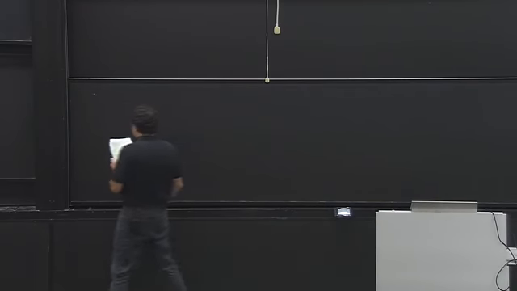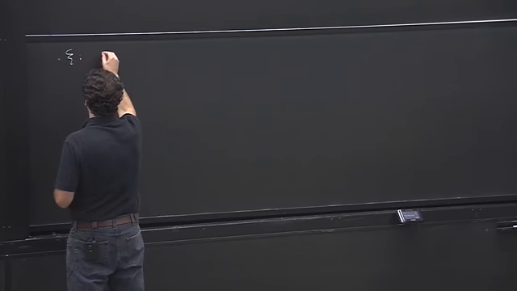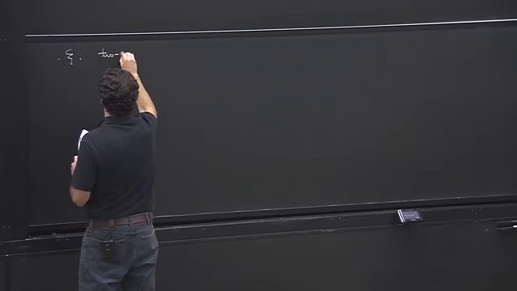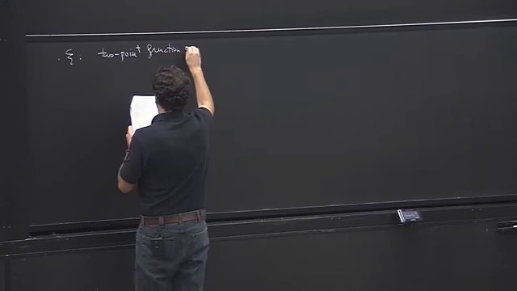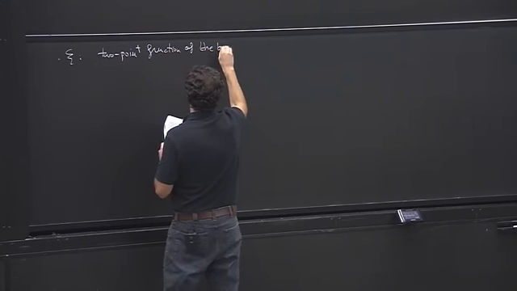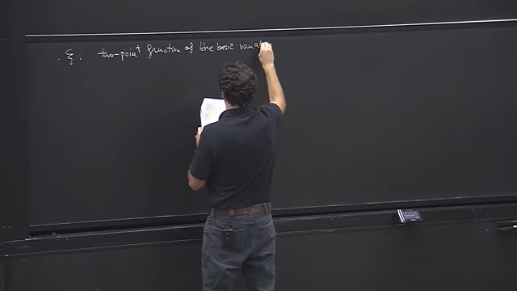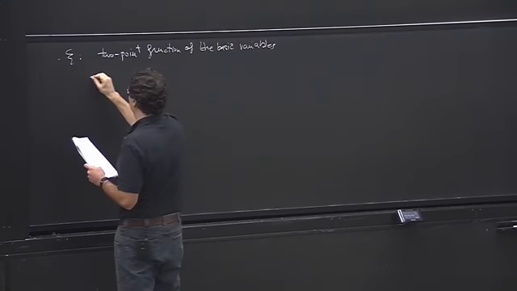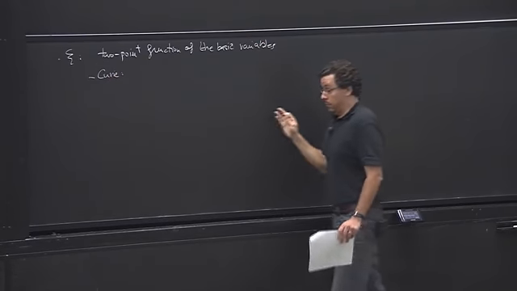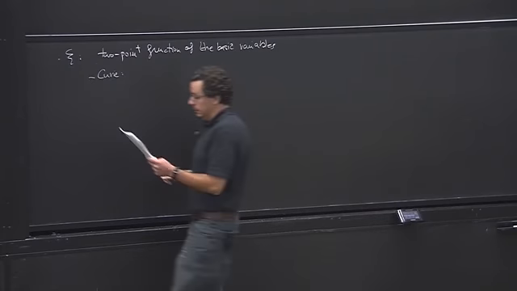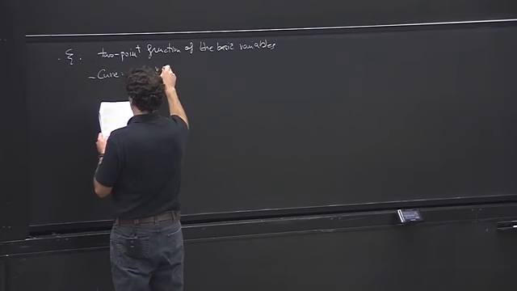Okay? So this correlation function is obtained from the two-point function of the basic variables of your system. So, for example, in the case of the Curie transition, where you go from an antiferromagnet to a ferromagnet, the basic variable is going to be a spin variable.